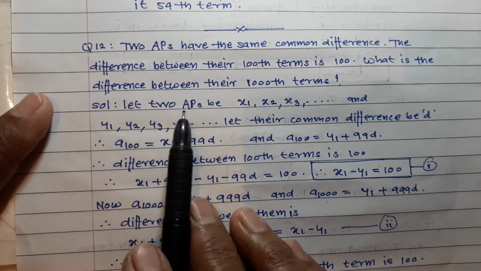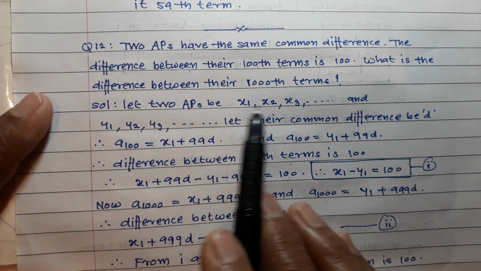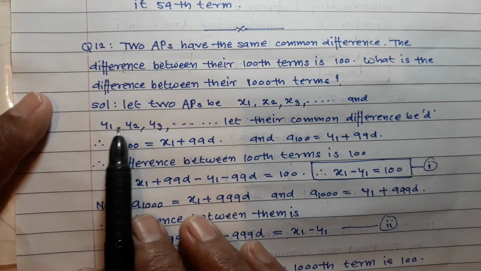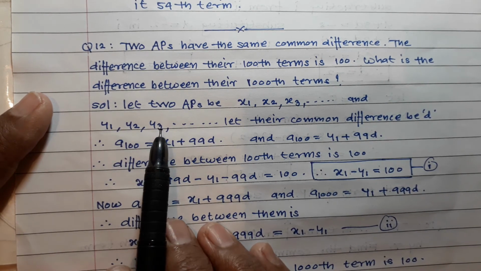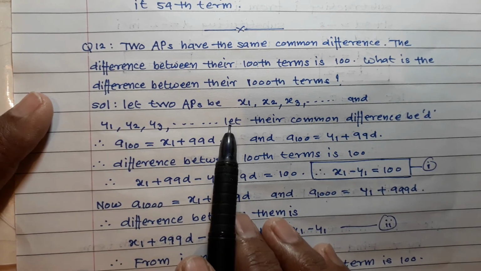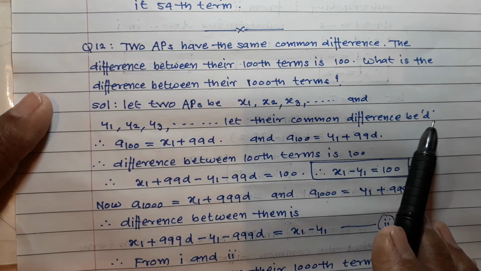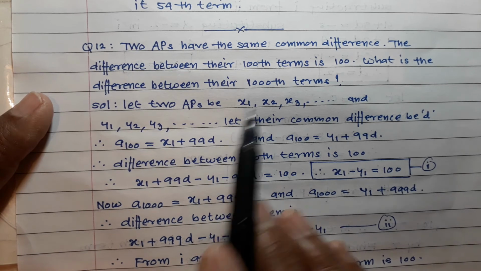Solution. Let the two APs be x1, x2, x3 and so on, and y1, y2, y3 and so on. Let their common difference be D. Their common difference is what? Same.